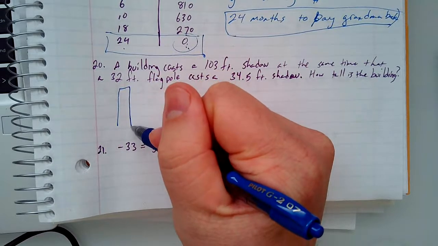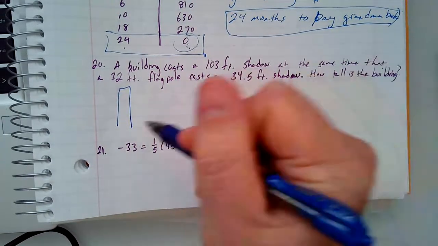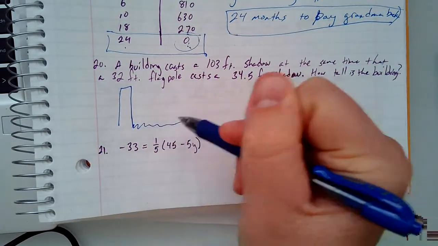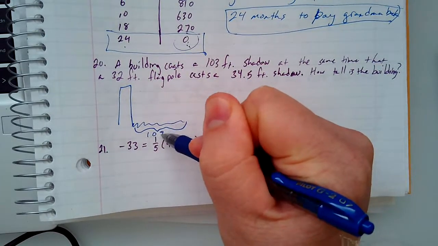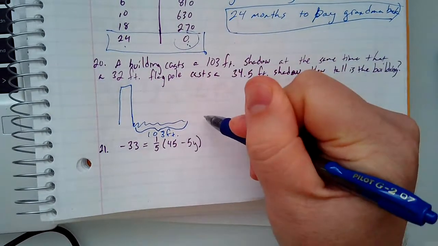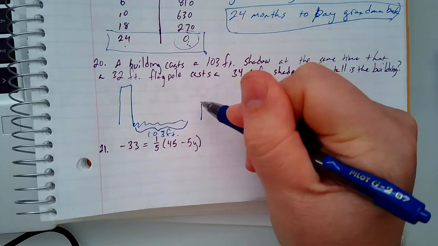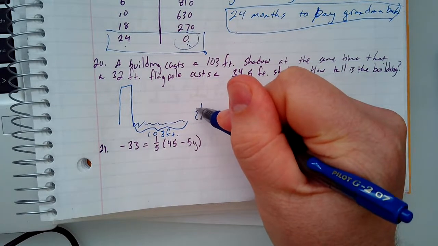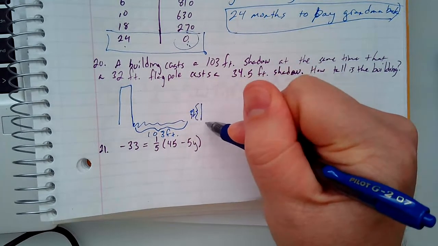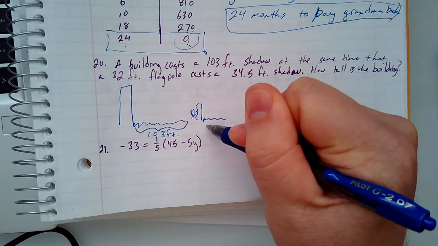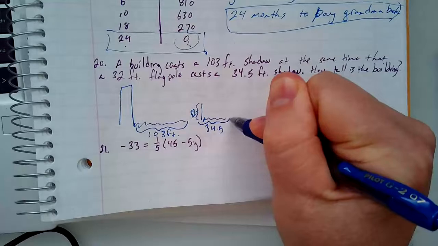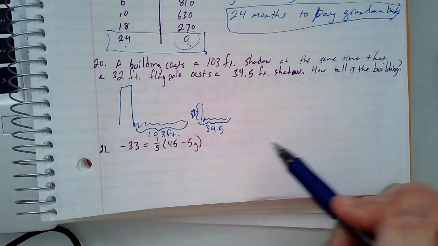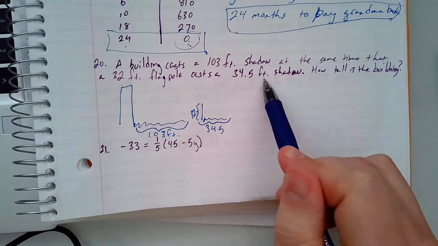So we have a 103-foot shadow from an unknown tall building, and then we have a 32-foot flagpole that casts a 34.5-foot shadow. One thing we see is that everything is in feet already.